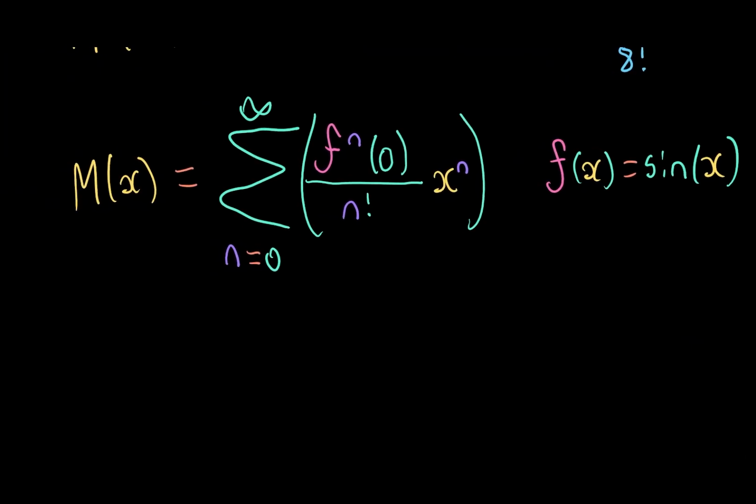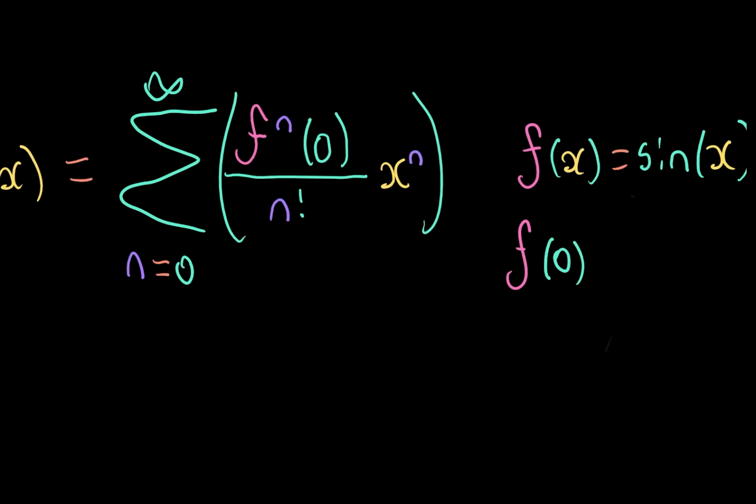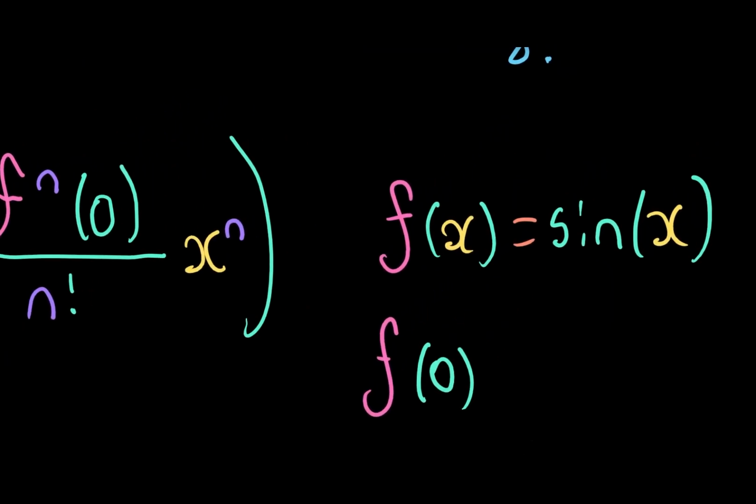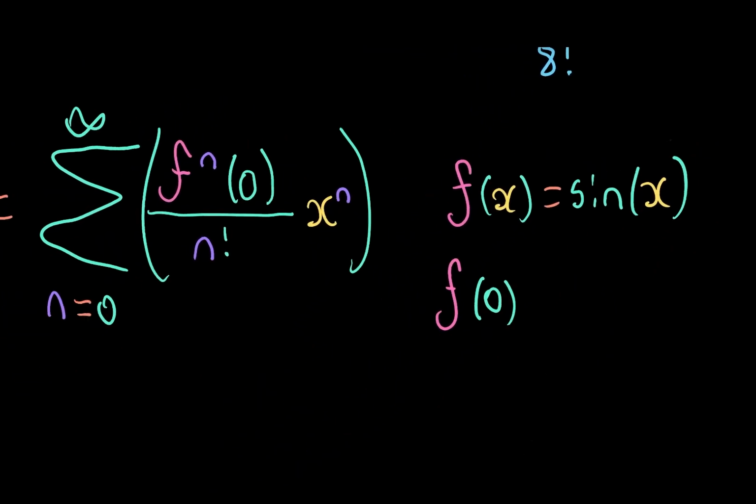So what this is telling us is, okay, start at n is equal to 0, and so that would be f of 0. It would ask you to evaluate what f of 0 is, and f of 0 in sine x is, remember, 0.